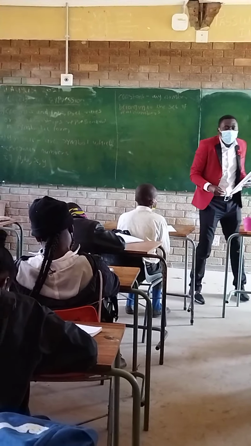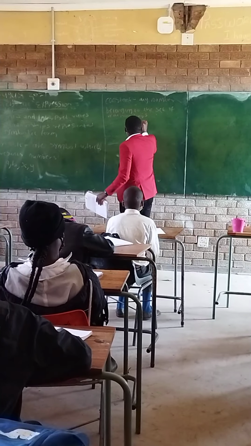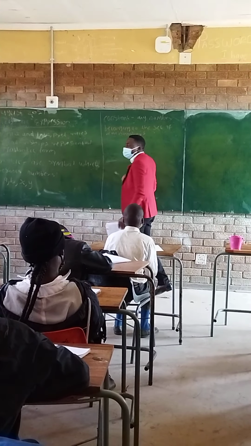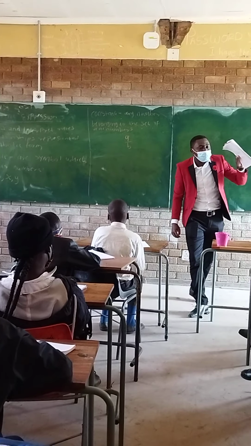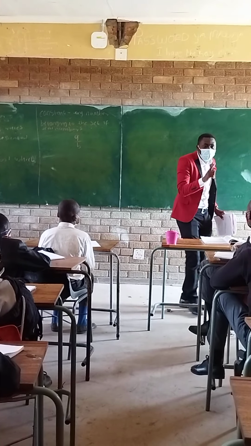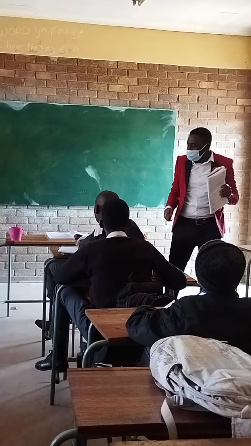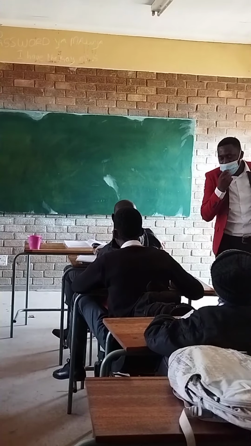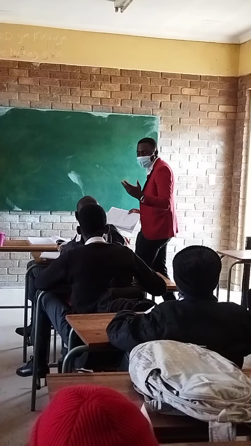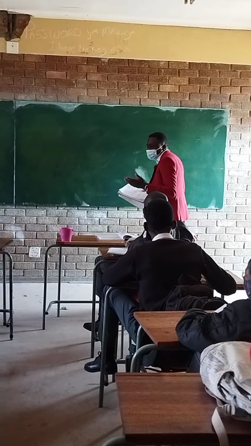Rational numbers can be written in terms of A over B, but B must not be equal to 0. Reason why? If B is equal to 0, you get an error if you're using a calculator. You can't divide any number by 0.